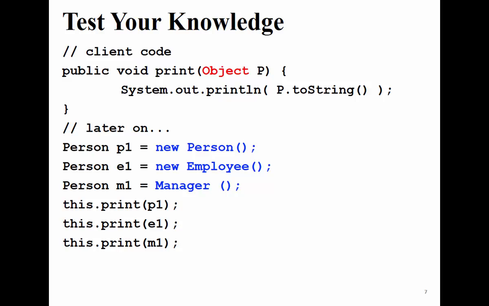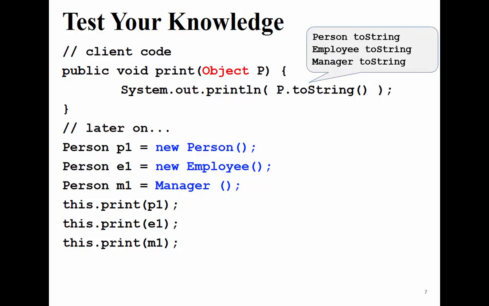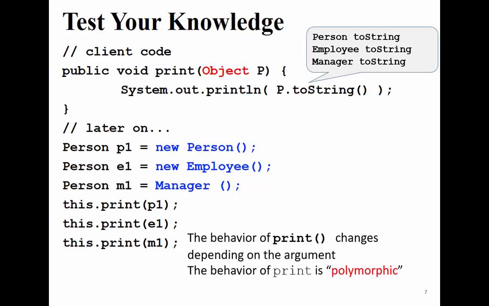Okay? Now, we can also change it to an object. This still works. We discussed this last time because object is a superclass of all the classes that we create in our Java applications. So we send p1, e1, m1 to the print method, and Java will do the automatic object casting for us. Still, it's going to recognize the person type and print person.toString, employee.toString, and manager.toString.